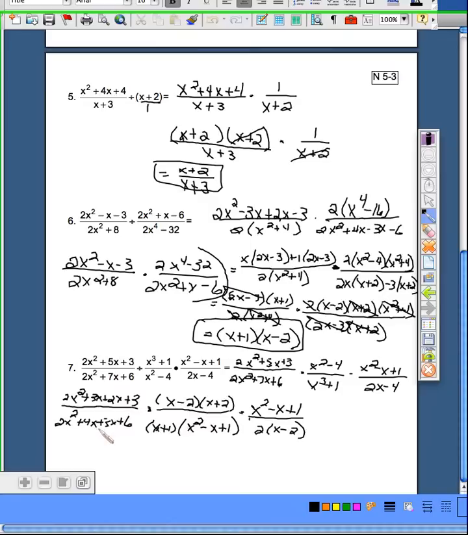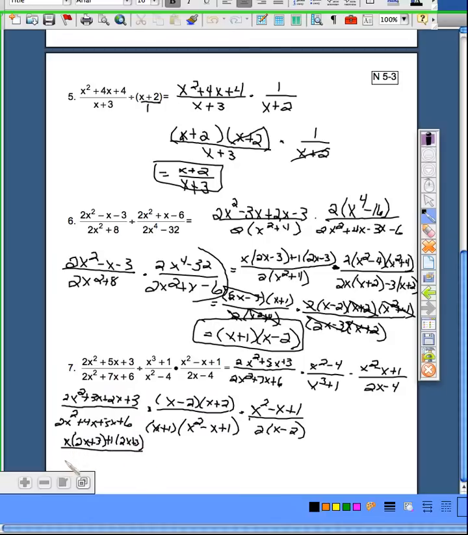Now let's factor this by grouping. So we're going to factor out x, and that's going to leave me with 2x plus 3. And there's nothing we can factor there, so I'll have 1 times 2x plus 3.